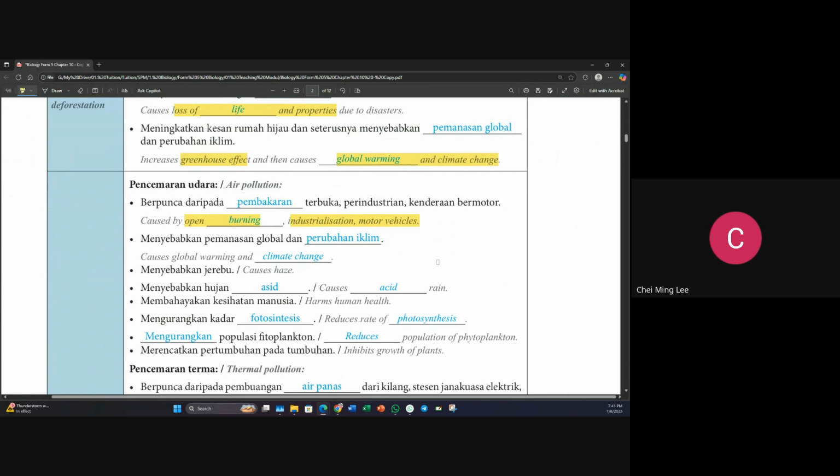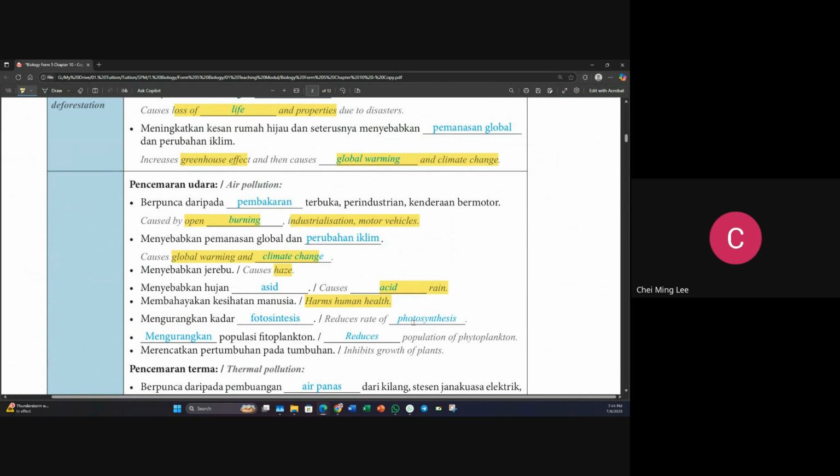This is why nowadays EVs are very welcome by many countries, especially those working hard to reduce the carbon footprint. And this will cause global warming and climate change, and then haze as well. And also acid rain. So these will harm human health.